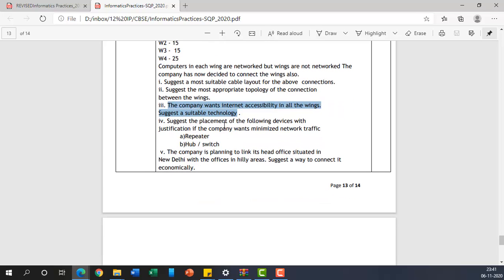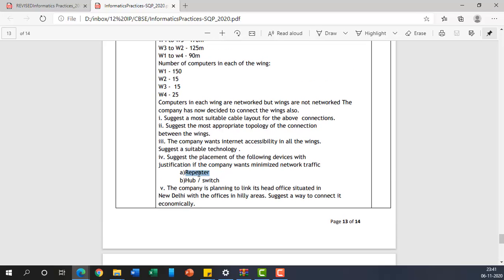Now suggest the placement of the following devices with justification if the company wants minimized network traffic. Where are we going to place a repeater? Wherever the distance is more than 100 meters.